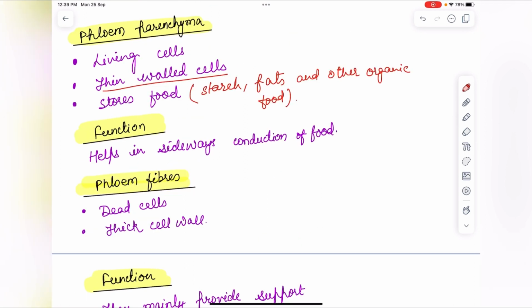It will help in the sideways conduction of food. Sideways conduction means the arrangement will be like this, sideways. This sideways conduction of food takes place.